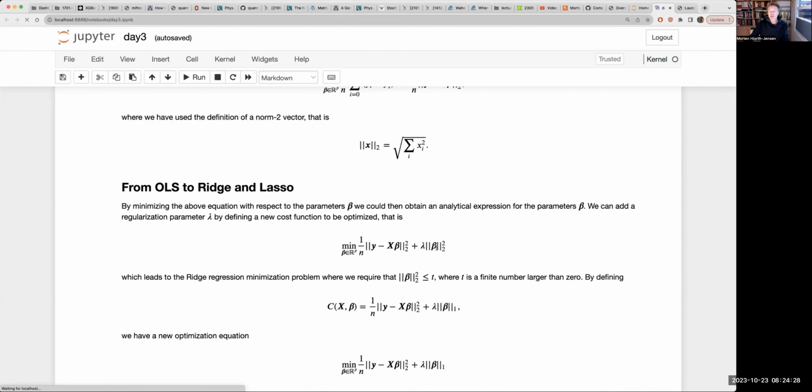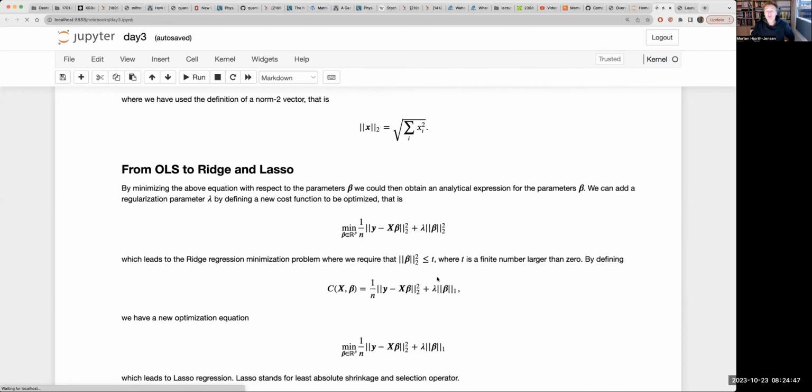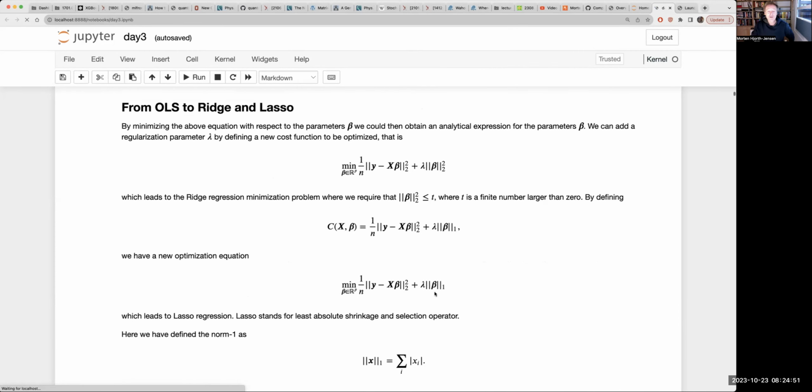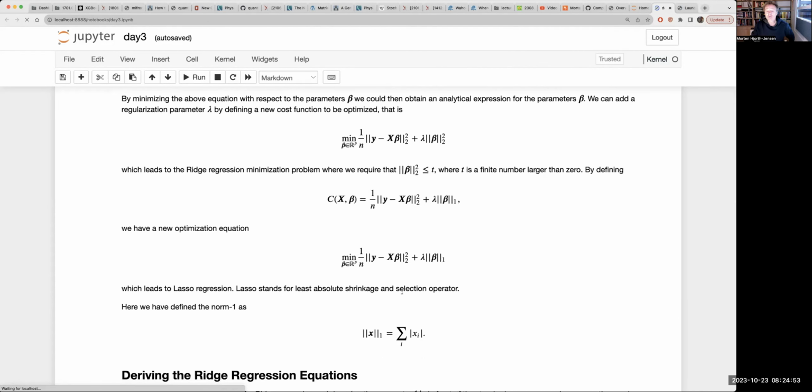And we will see later that we can give it a statistical interpretation using Bayes' theorem. And this is the topic which we will start with today here. And the other method is the so-called lasso regression, which stands for least absolute shrinkage and selection operator.